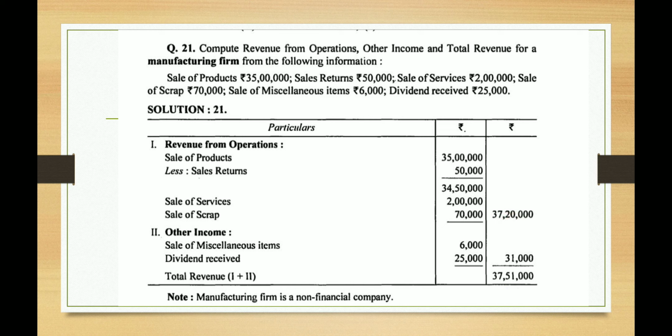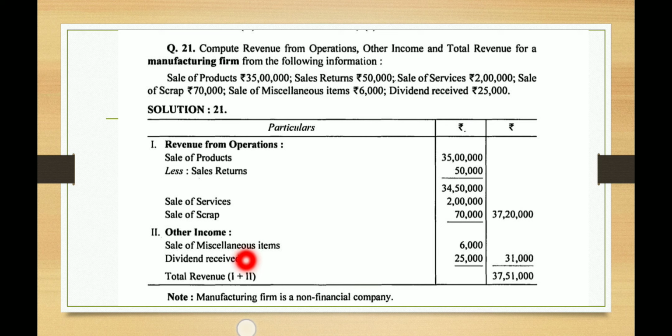Now we have to add some miscellaneous income and other income, like sales of miscellaneous items, which is mentioned here as 6,000. What the miscellaneous items are is not mentioned, so it will be written as sales of miscellaneous items, that is 6,000. And dividend received: this is a manufacturing firm, not a financial company, so whatever dividend is received is treated as other income.